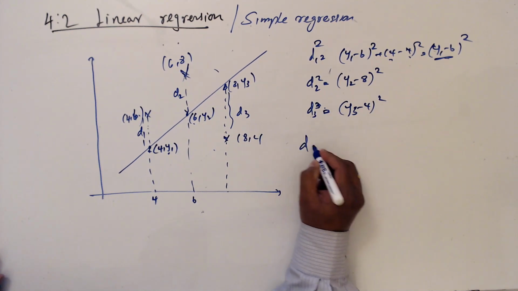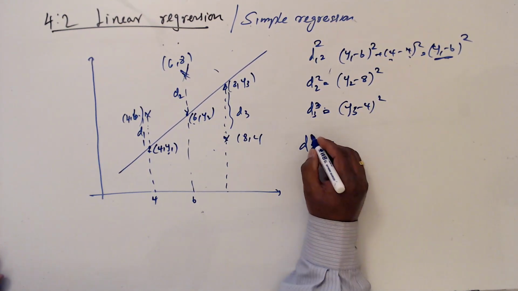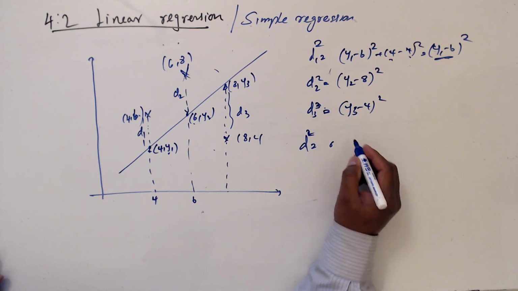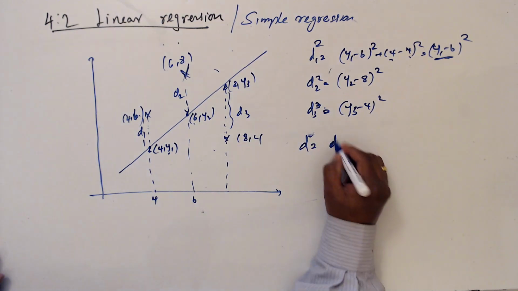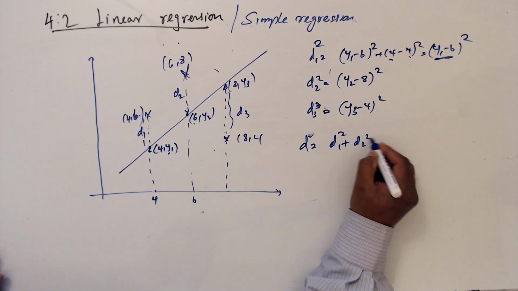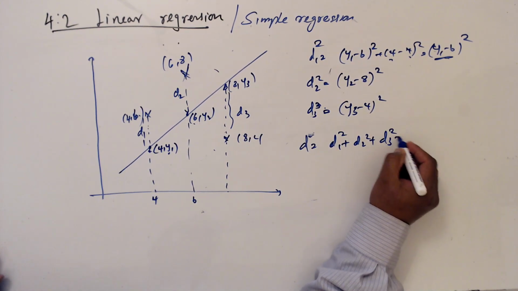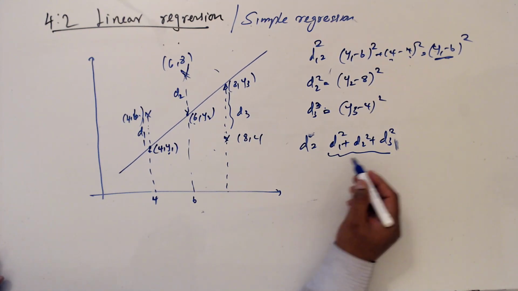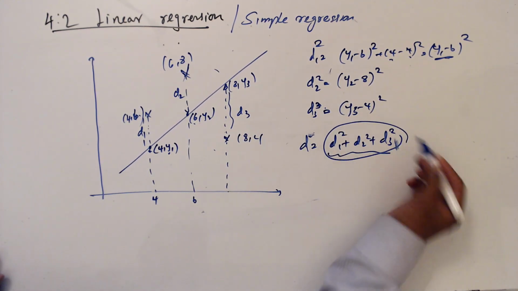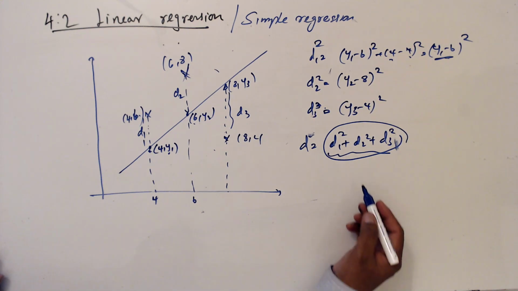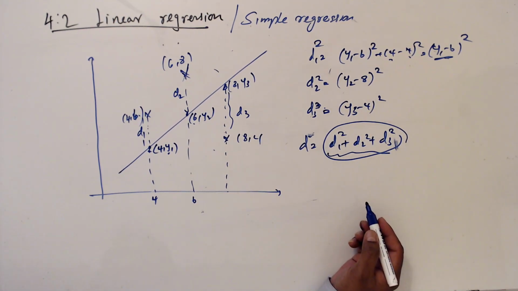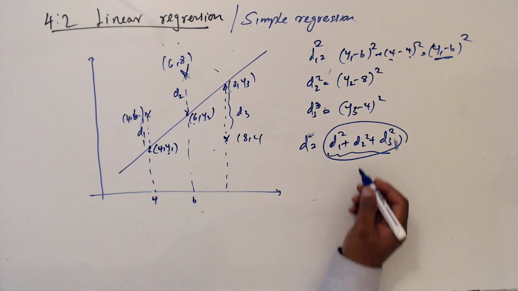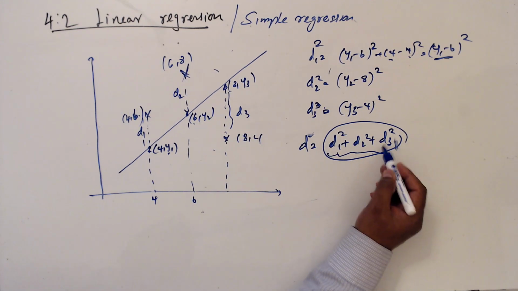Then let me take d squared equal to d1 squared plus d2 squared plus d3 squared. What we are doing is minimizing this distance. This is what we call the sum of squares: the addition of those squares.